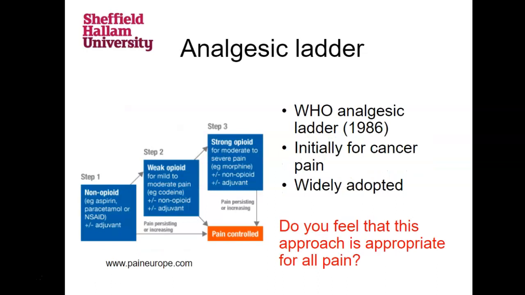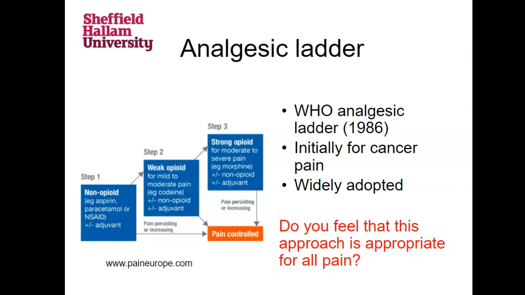So this is something called the analgesic ladder, and it's developed by the World Health Organization, initially used very much for cancer pain management, but has been widely adopted in pain management services. So it's a hierarchical model, and it's about optimizing pain management using a range of different classes of medications.